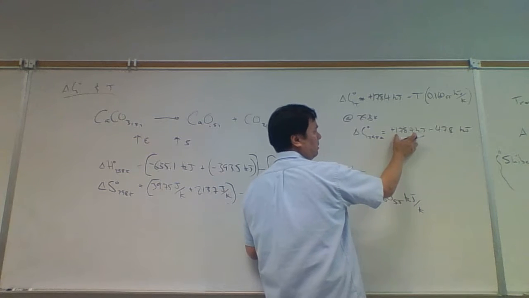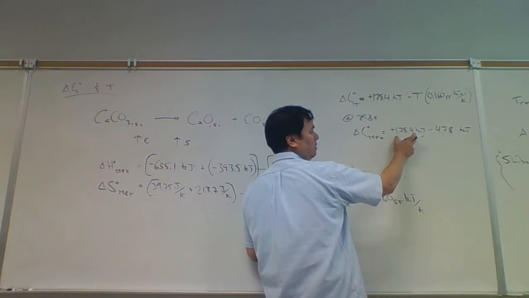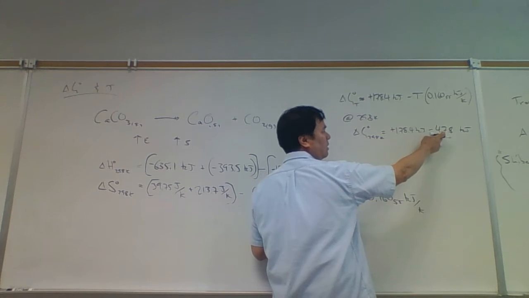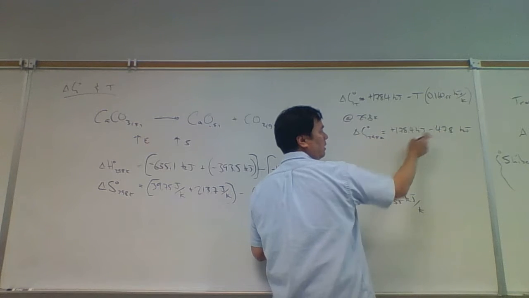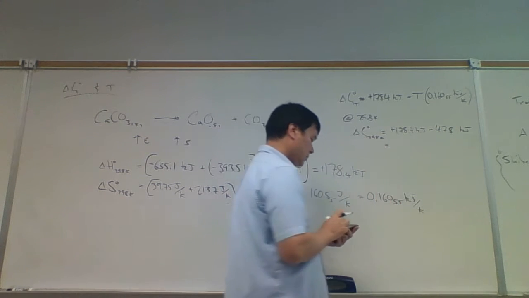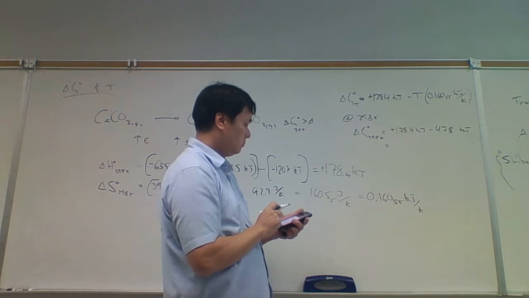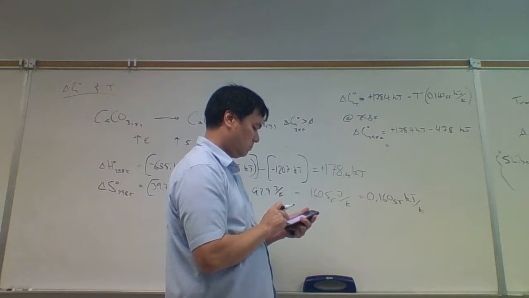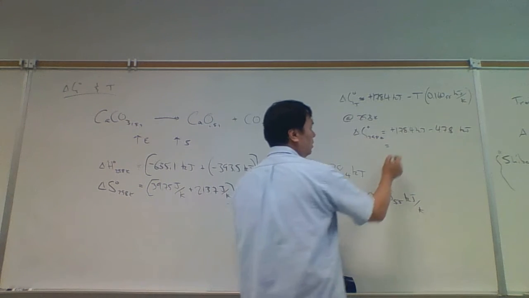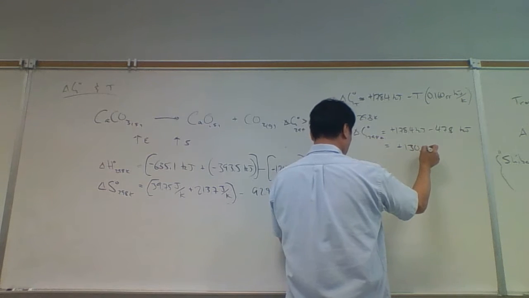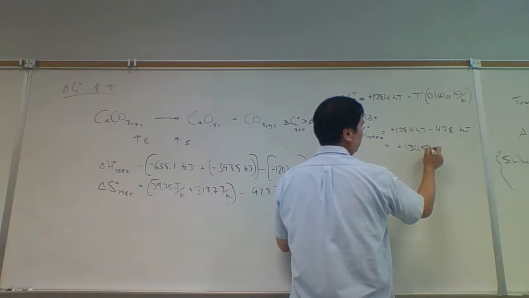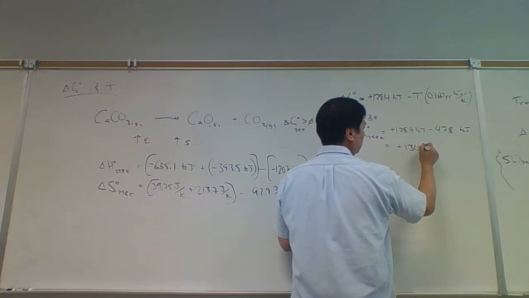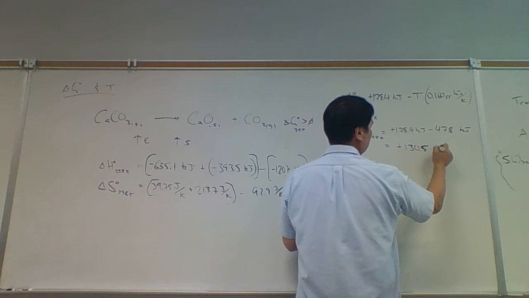Do you see this unfavorable enthalpy is not quite canceled out by the entropy, and so this is still going to come out positive. It comes out to plus 130.5 kilojoules.